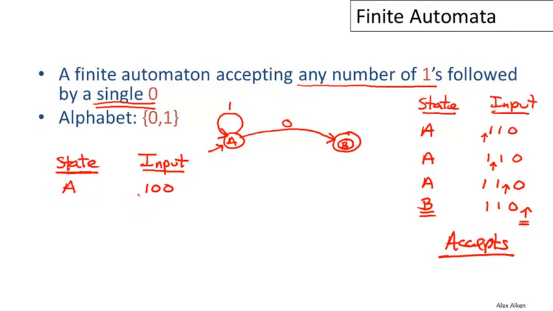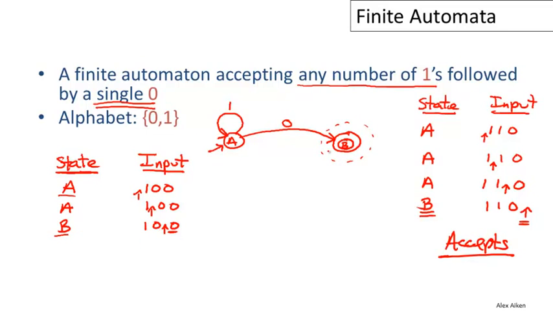All right, so we begin in state A, and our input pointer is there. Now we read a 1, and that means from state A on a transition of 1, we stay in state A, and the input pointer advances. And now we see a 0, so from state A on input 0, we make a transition to state B. And now the input pointer is here, so now we're in state B, and we have an input of 0, but there is no transition out of B on 0.